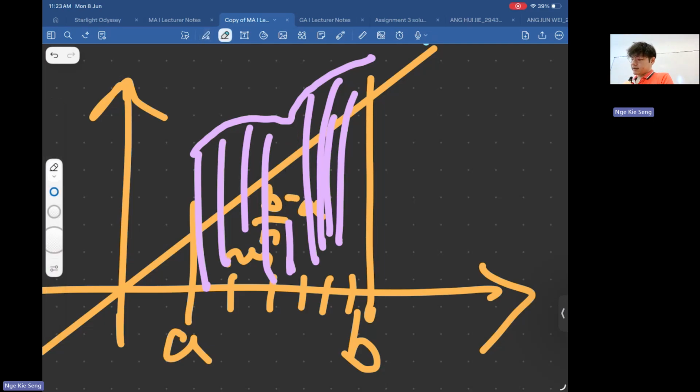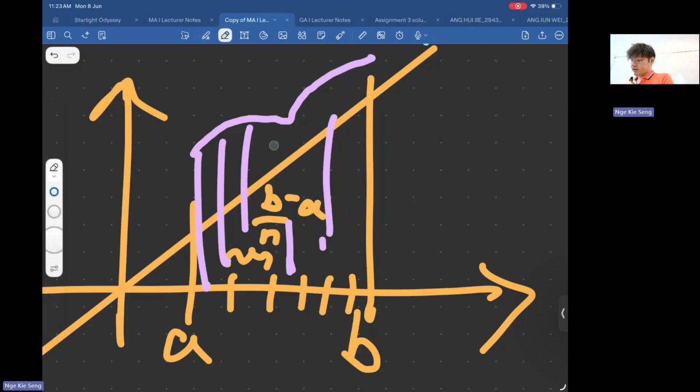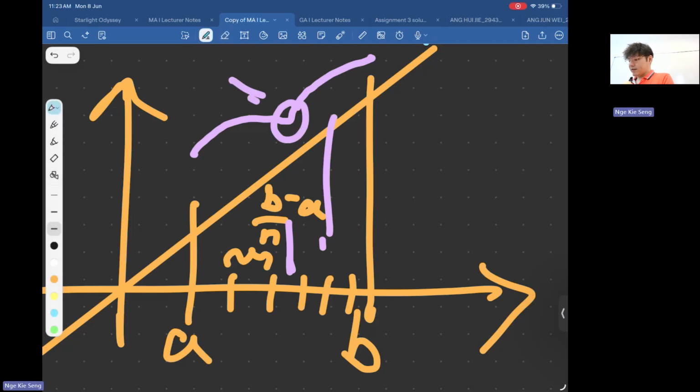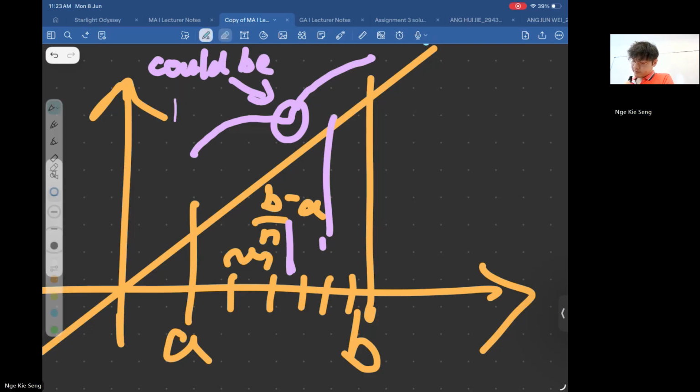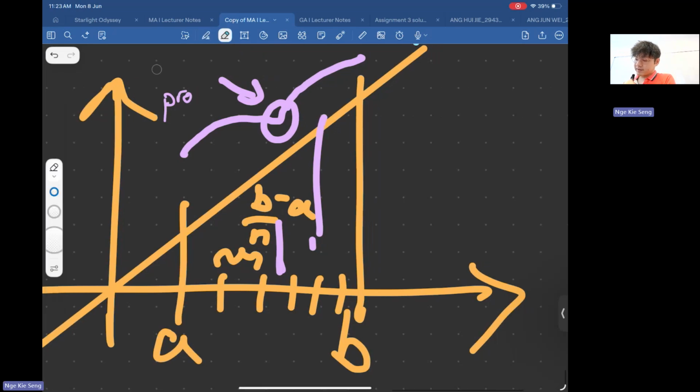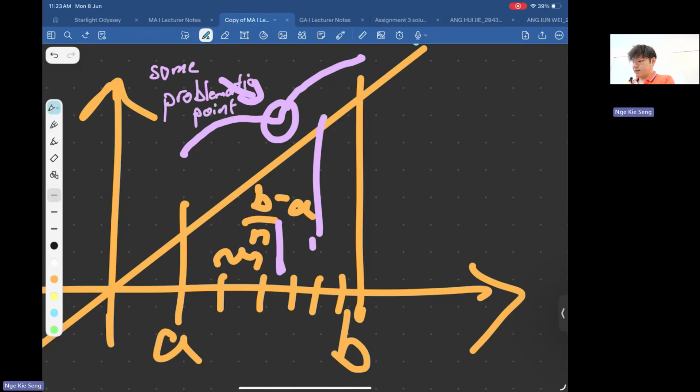But imagine this is your function to integrate. If you cut your partition like this, it could be problematic. Maybe you want to make this problematic point one of your endpoints, so that you can get your supremum or infimum of the function properly.